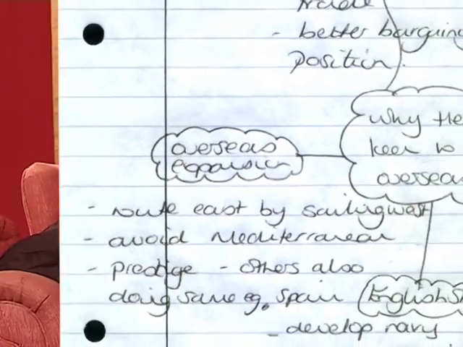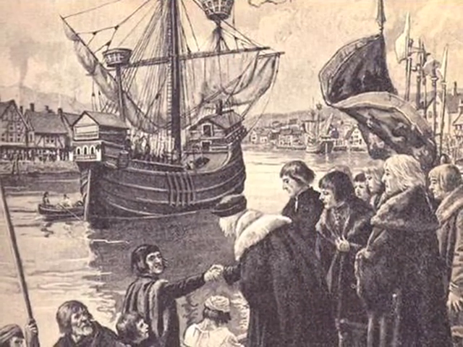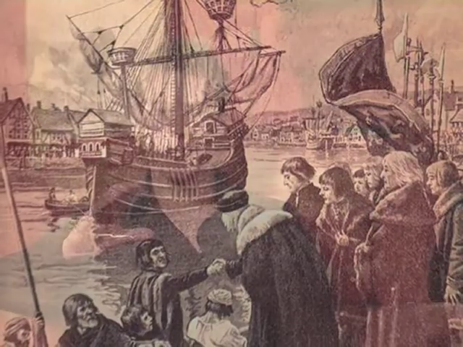Henry was also keen to support overseas expansion at a time when countries, such as Spain and Portugal, were also funding voyages of discovery. He patronised the voyages of John Cabot to search for a route to the east by sailing west. This would avoid the need to travel via the Mediterranean, an issue which had brought Henry into conflict with Venice.